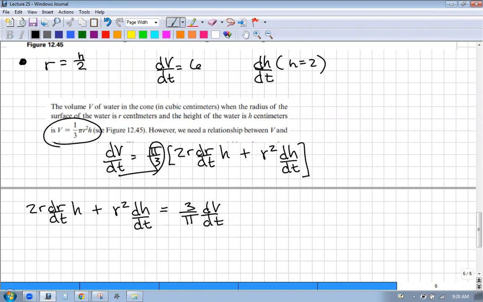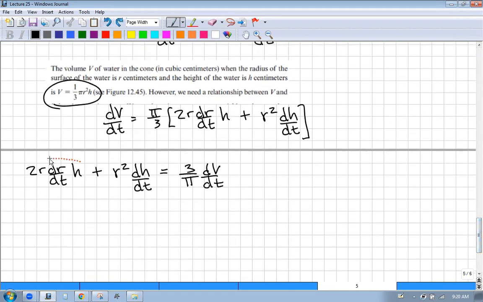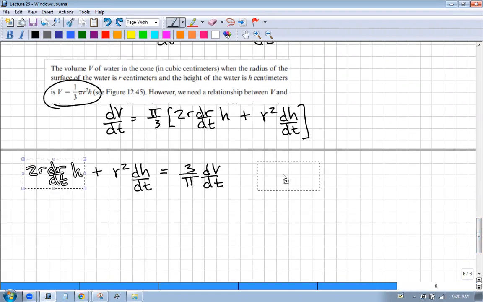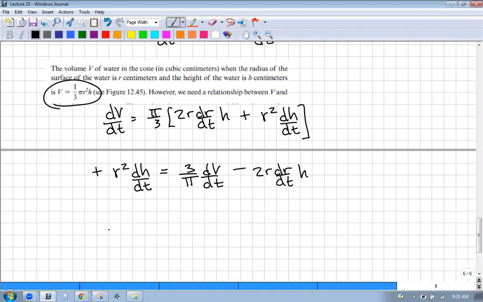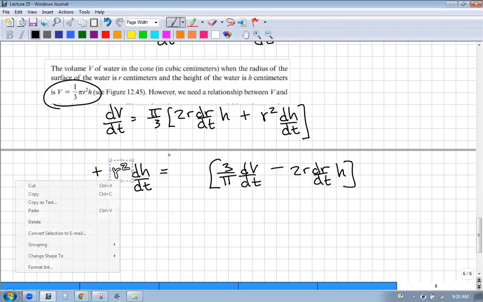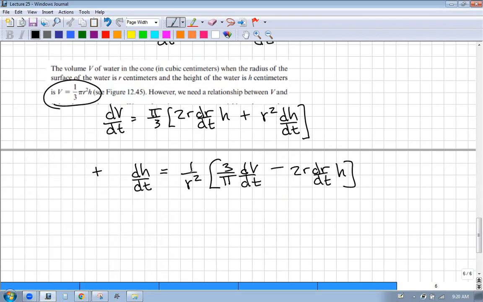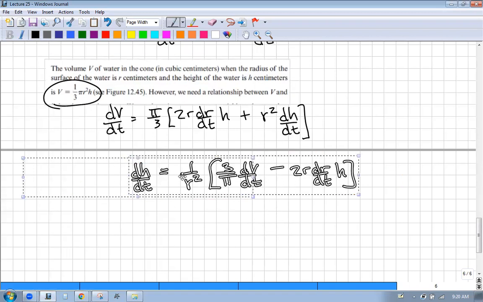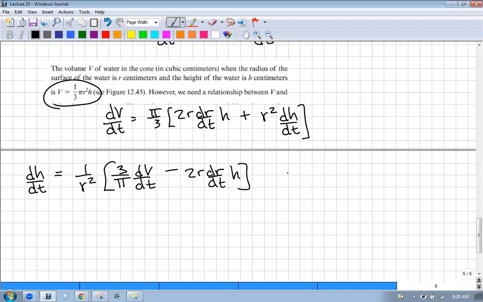All I did was divide by that. And then I'm going to subtract this. All right, and then I need to divide by r squared. So there. I love using this tablet. You know, doing that on paper sucks. Okay.